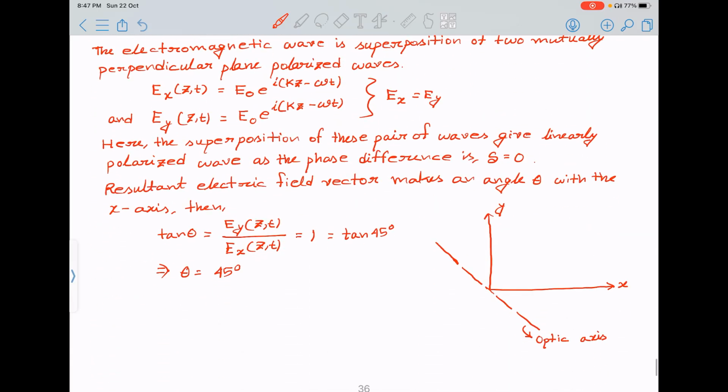So the linearly polarized wave means the resultant electric field. Let us consider this is the resultant electric field.